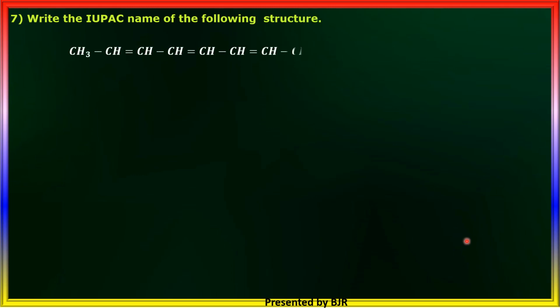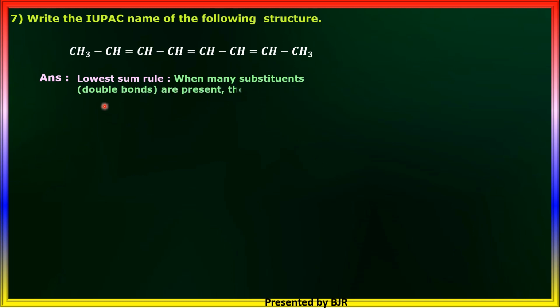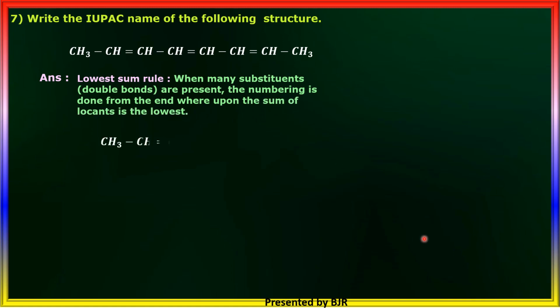And here is another problem. Write the IUPAC name of the following structure. Lowest sum rule: when many substituents are there, that is, double bonds are there, the numbering is done from the end whereupon the sum of locants is the lowest. This is the given structure.